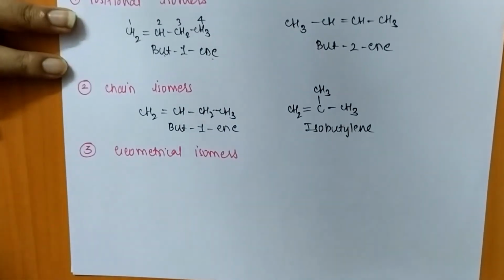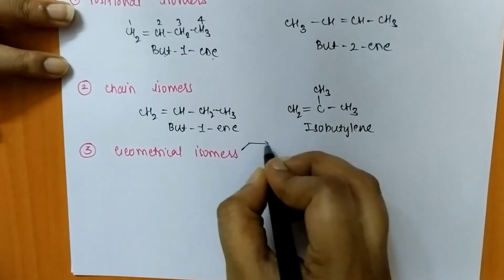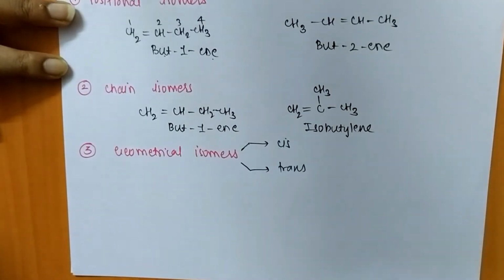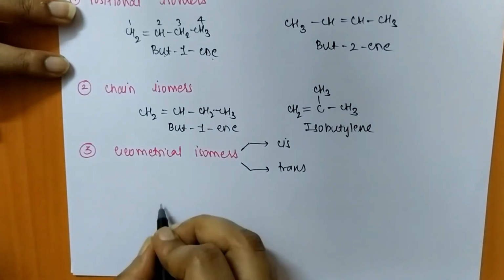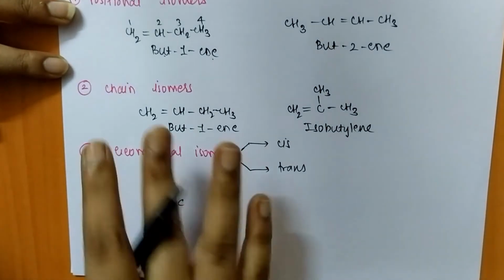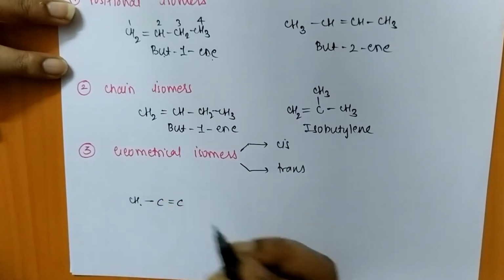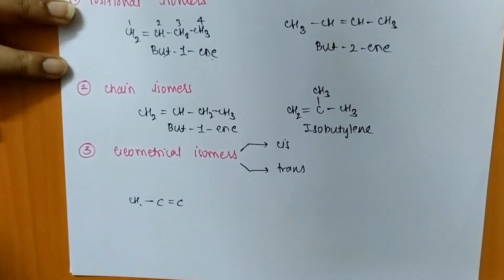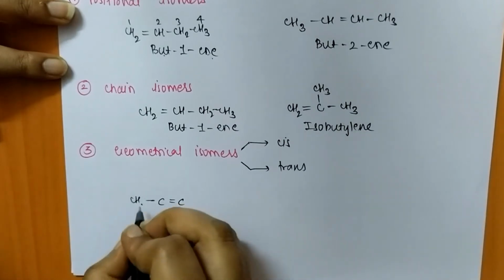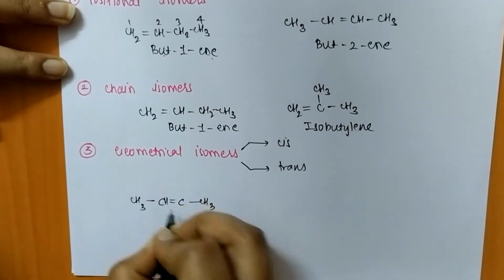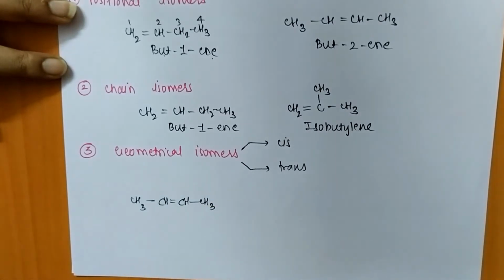Now what are geometrical isomers? The geometrical isomers are divided into two types: the cis isomers and the trans isomers. For example, let us consider a symmetric compound, that is but-2-ene.